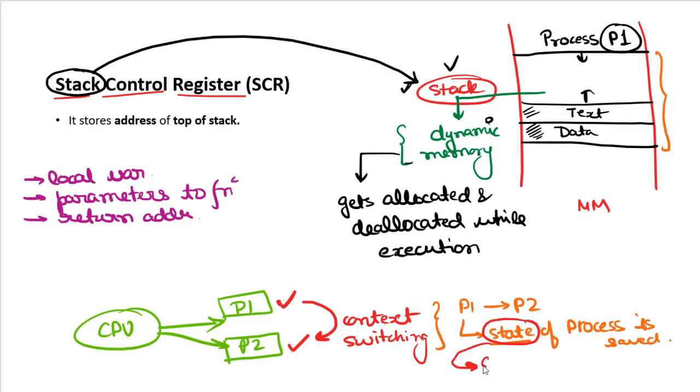State can be many things, such as current instruction, next instruction, and many more things.